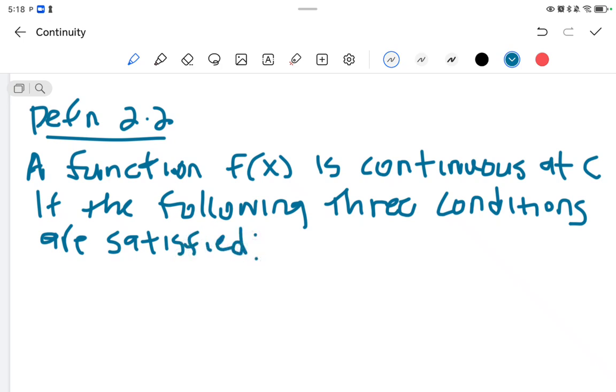The first condition is that we should check f of c is defined.